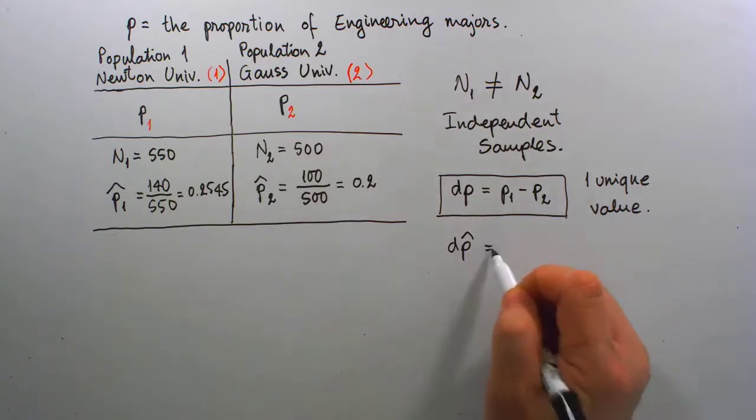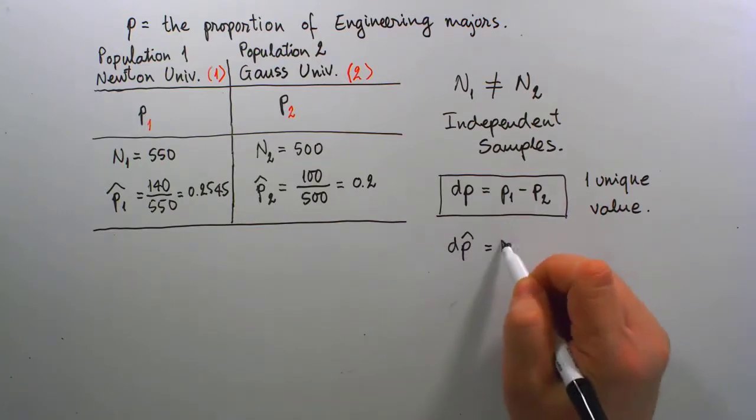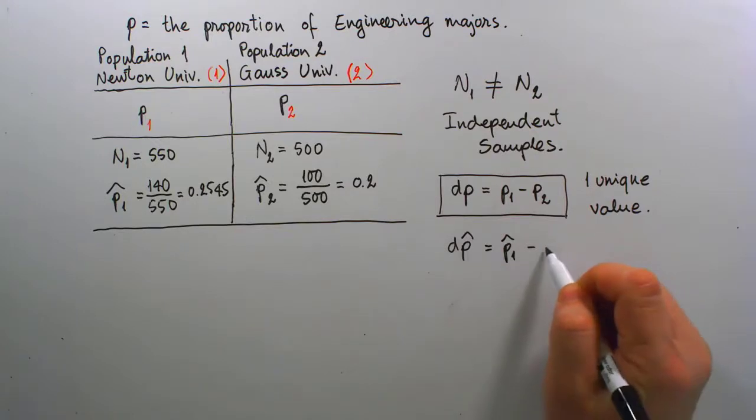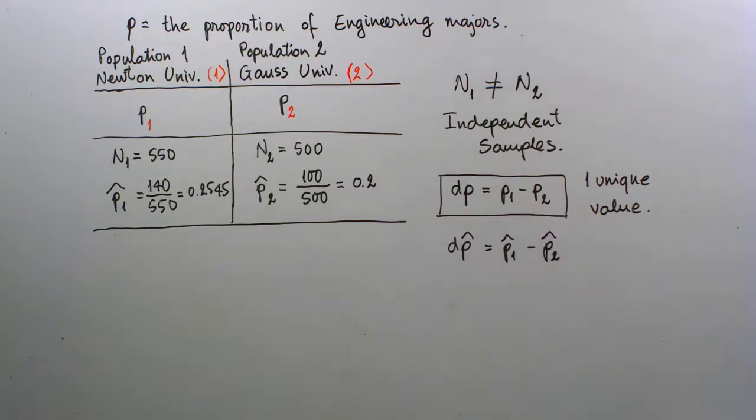So we define for ourselves a dP hat, defined permanently as a sample proportion from population 1 minus a sample proportion value from population 2. It is a permanent definition in the sense that we always want the sample from population 1 before the subtraction sign, and the sample proportion from population 2 after the subtraction sign.